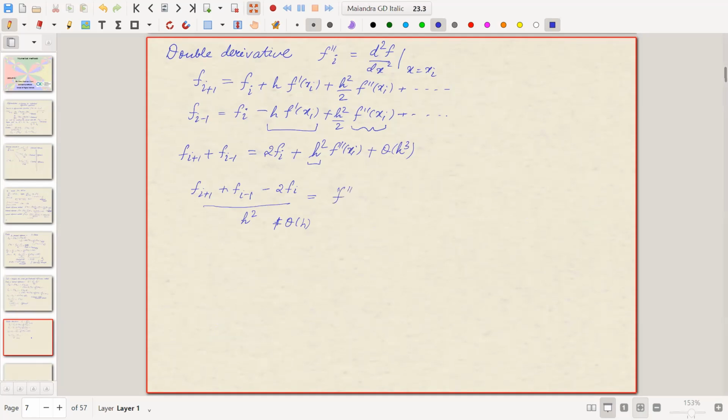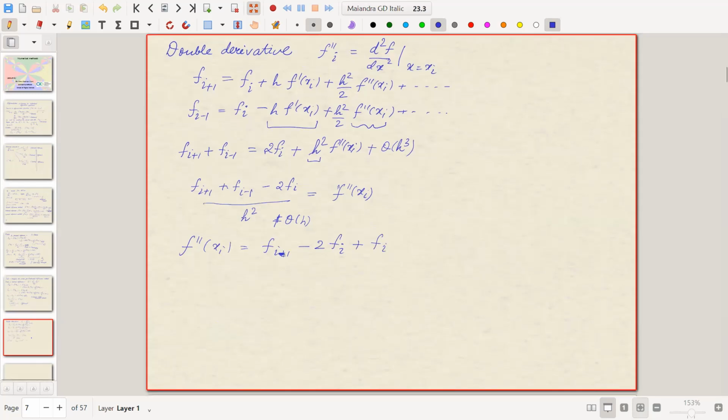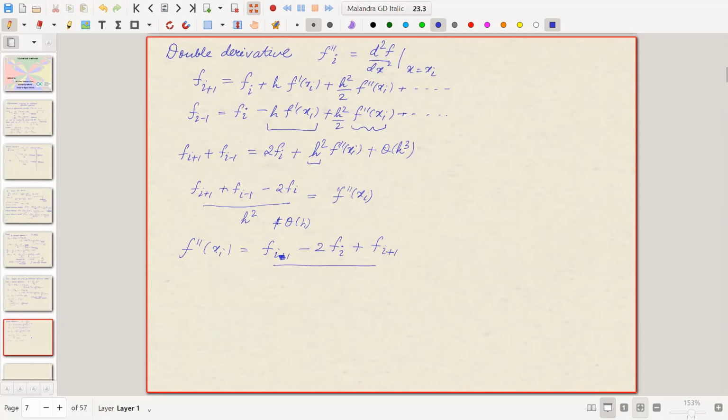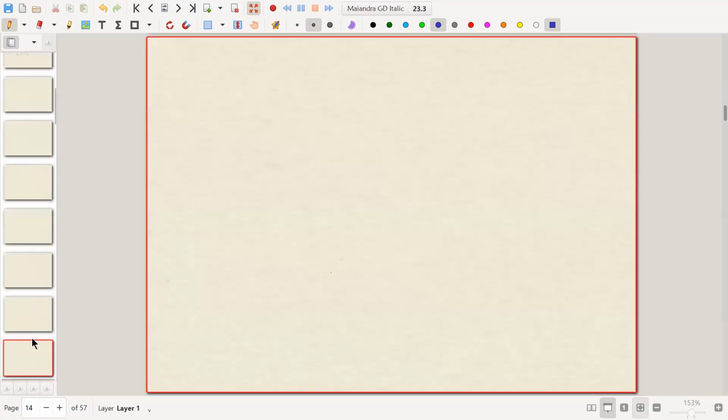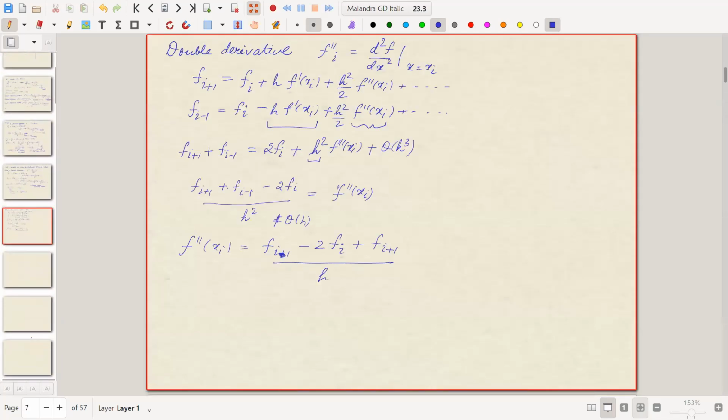So this is just f double dash of x. I will write in a proper way. f double dash of xi is equal to f(i+1) minus 2 f of i plus f(i-1), I should have written i minus 1 here, by h square, plus order of h.